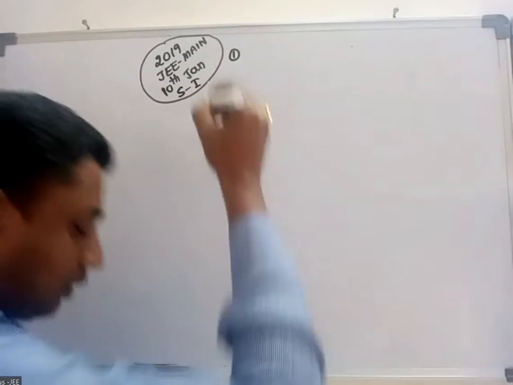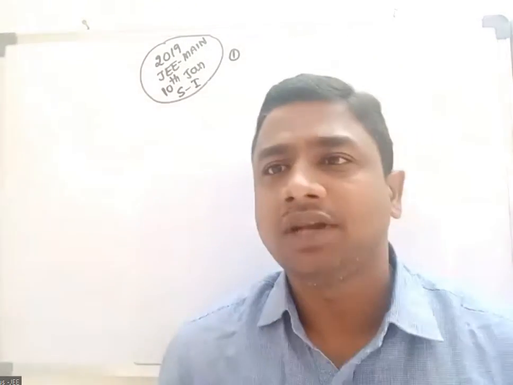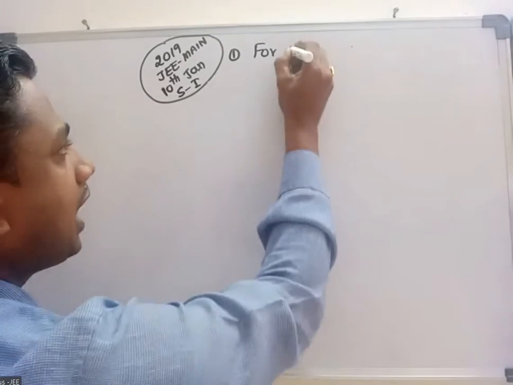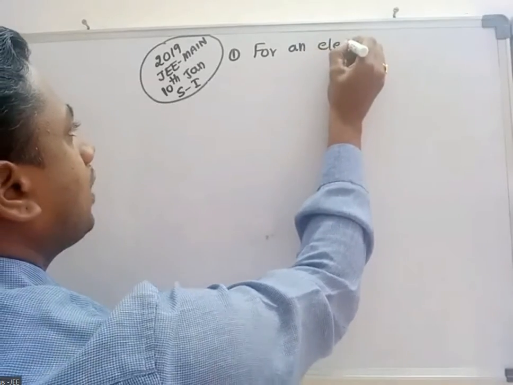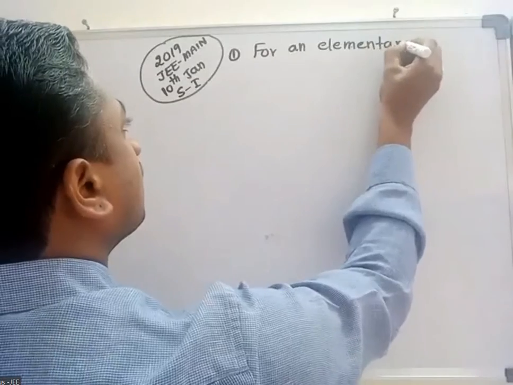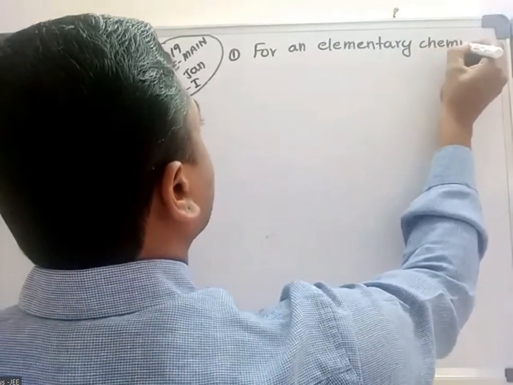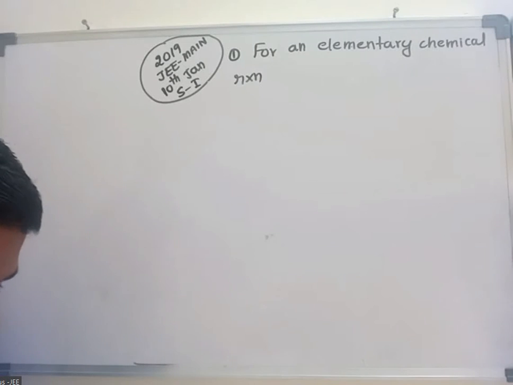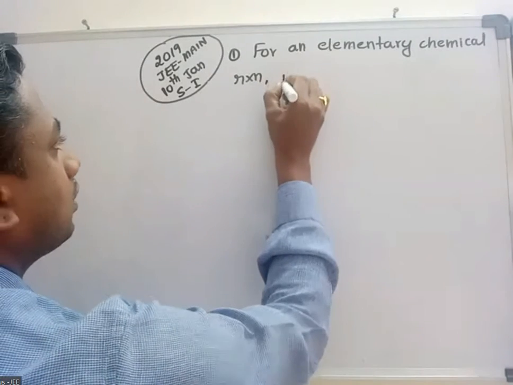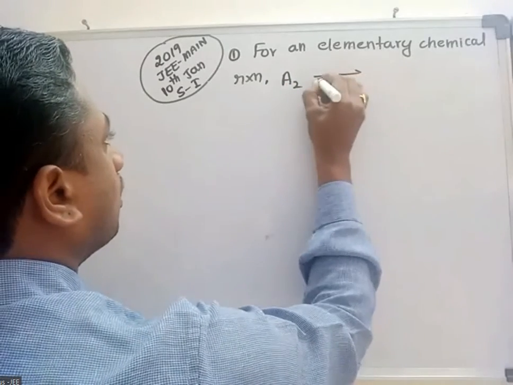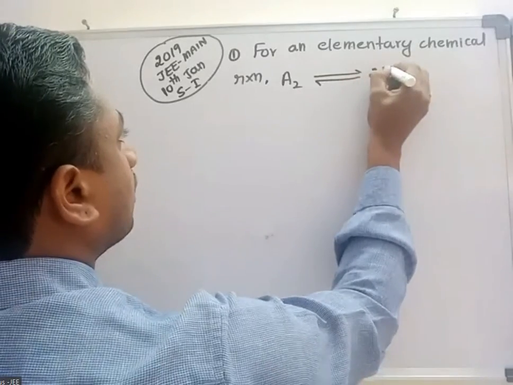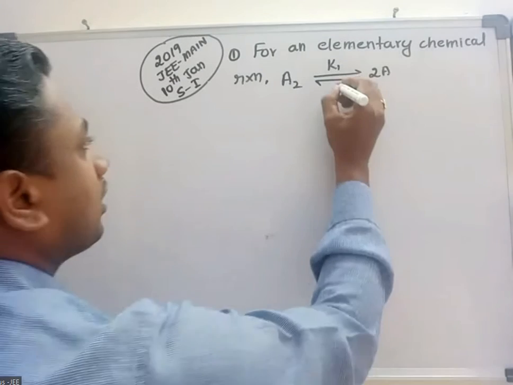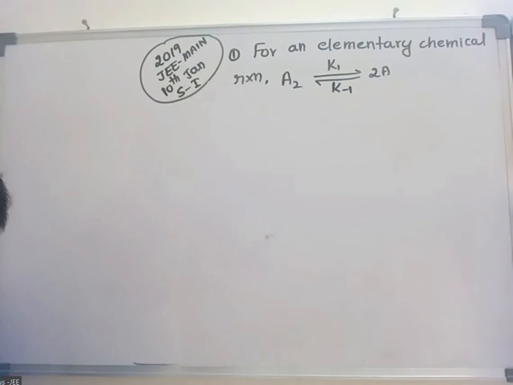For an elementary chemical reaction, A2 gives 2A, rate constant K1 for forward reaction, K minus 1 for rate constant for backward reaction.